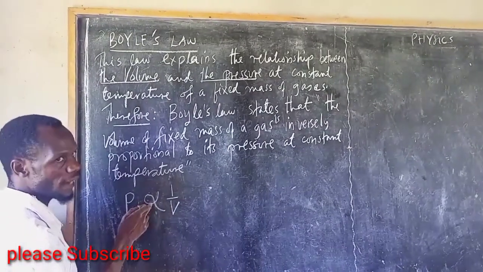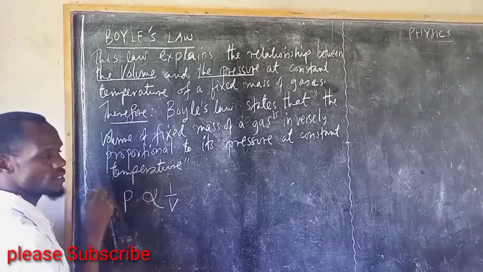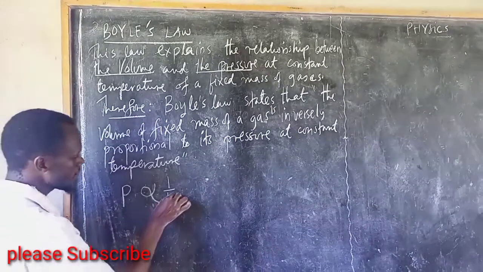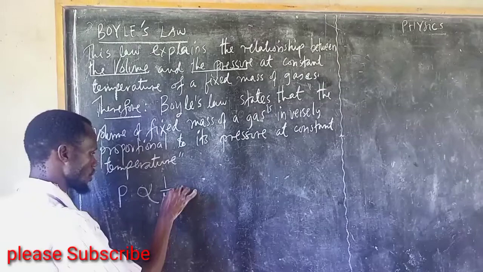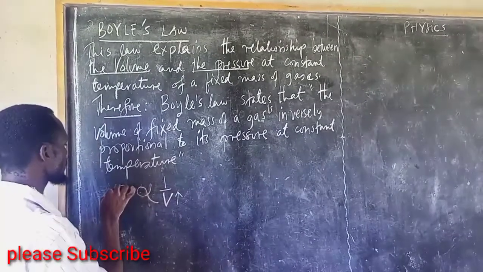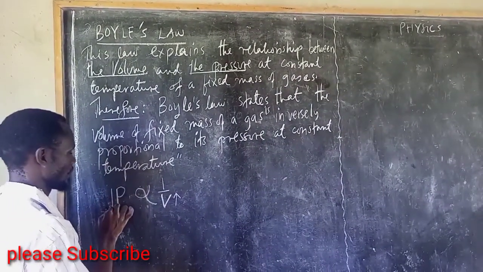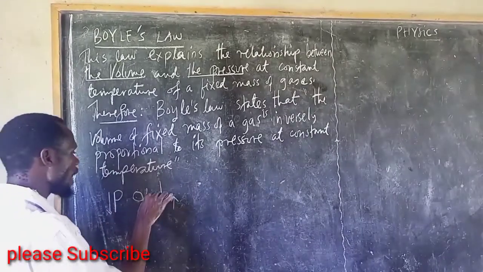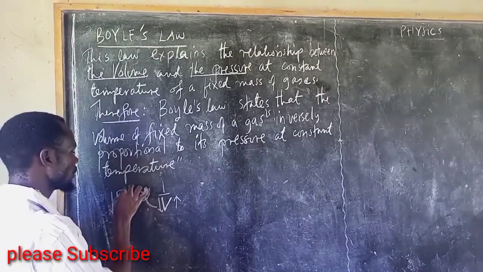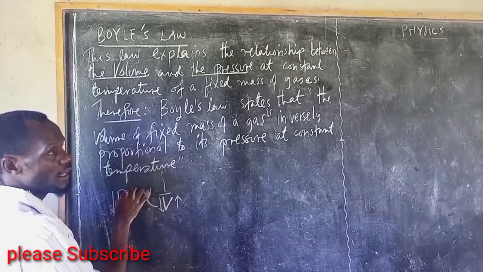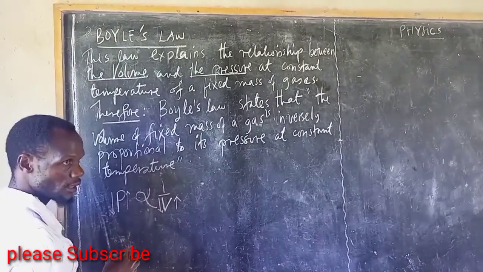And this relationship is that once the volume is increased, there is a decrease in pressure. But once the volume is decreased, there is an increase in pressure. That is the meaning of this definition.